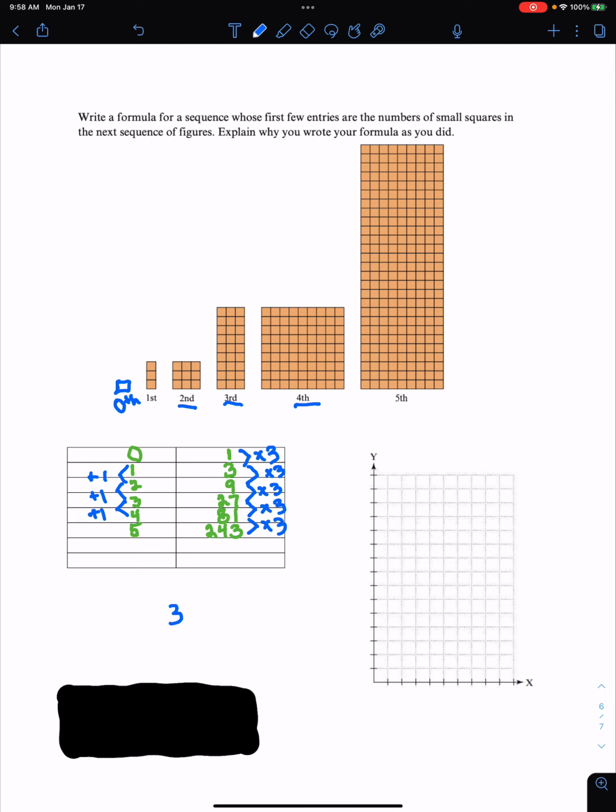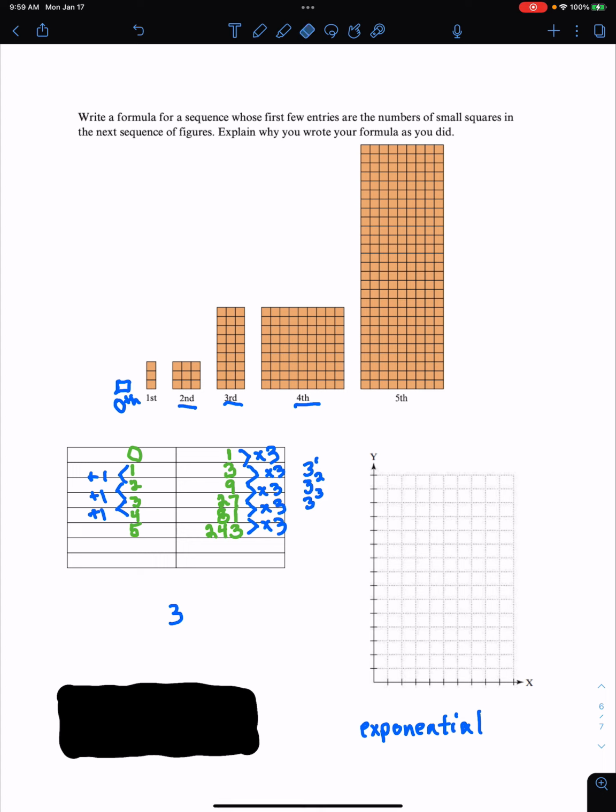So for example, here, for the first entry, we've got 3 times itself 1 time. For the second entry, we've got 3 times itself 2 times. For the third entry, we've got 3 times itself 3 times. And that's what I mean when I say geometric sequences are exponential. They have exponents in their formulas.